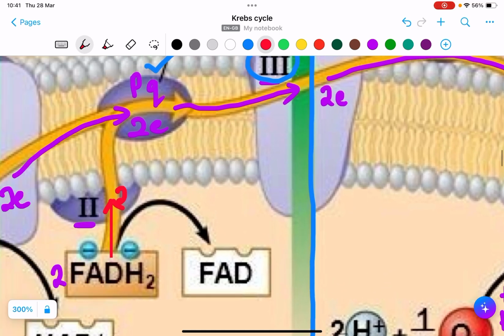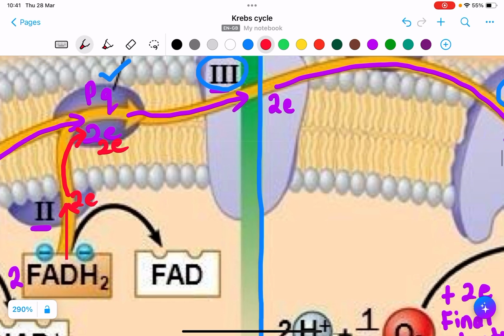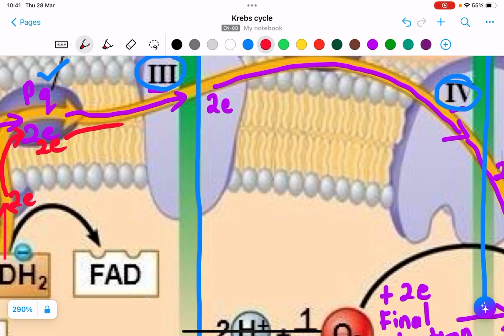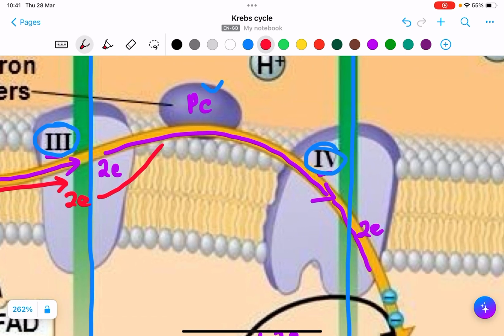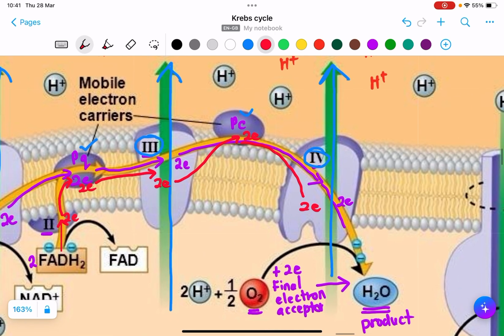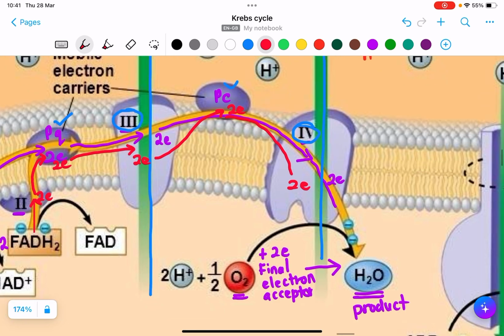So the electron will be passed to complex 2 and then to plastoquinone, moving on, passed to complex 3. Next, plastocyanin, next to complex 4. So these are the movements of the electron coming from FADH2. So it goes to complex 2, PQ, complex 3, PC and complex 4.